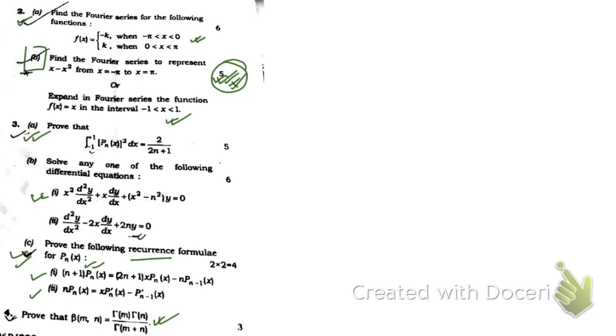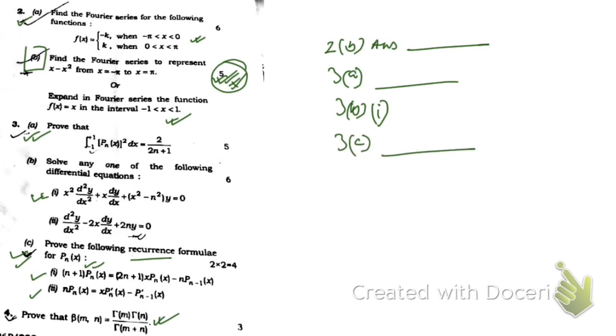In the description box I have written the answer for question number 2b with the link, and similarly 3a, 3b1, then 3c, and question number 4. I have provided the links in the description box for those answers, and the questions not solved yet will be solved in the next video.